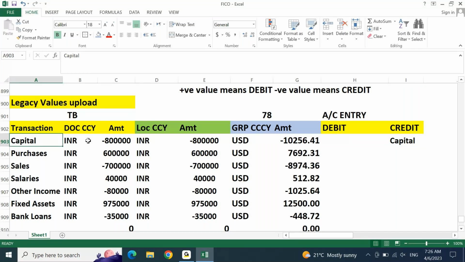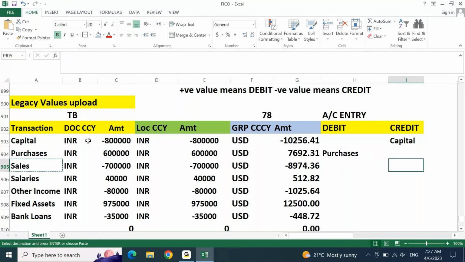Now the second one, purchases. Where should I take this? Debit side. Why debit? This is a positive value, sir. Positive is always debit side. This is debit because it's a positive number, always debit. Sales, credit, sir.